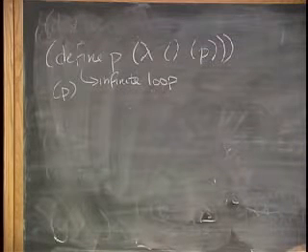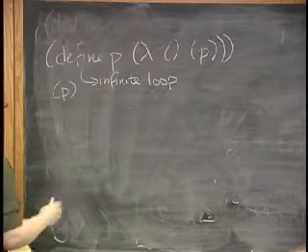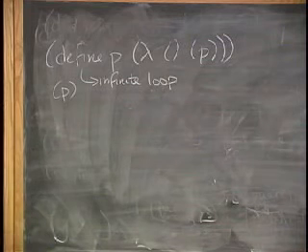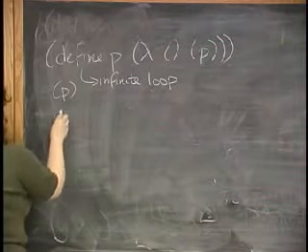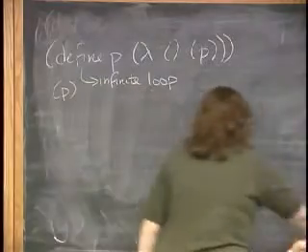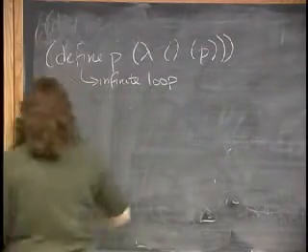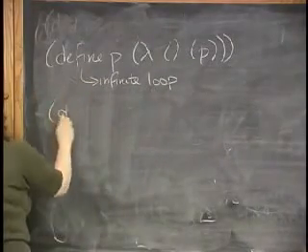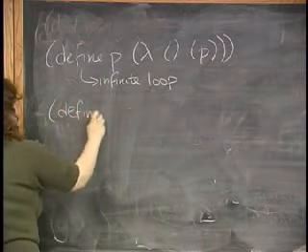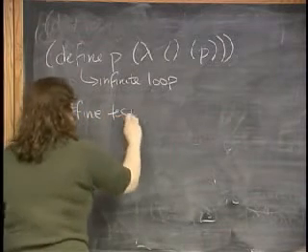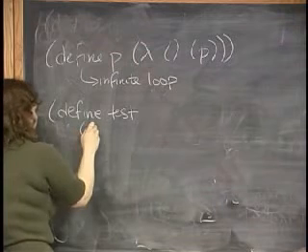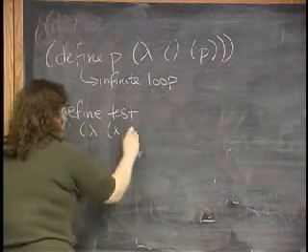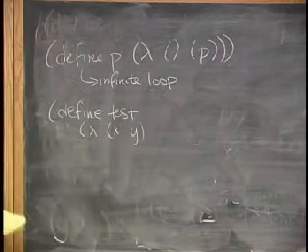So let's say we wrote an infinite loop. What we want to do is figure out if we're running in normal or applicative order. So let's write a procedure called test, and test is going to take in two arguments, x and y.